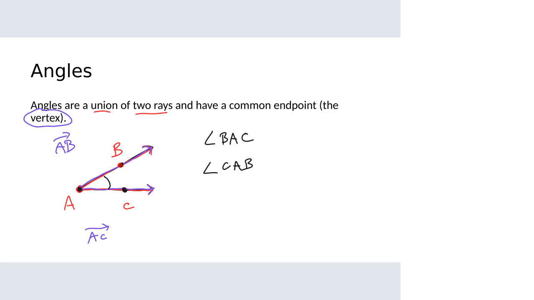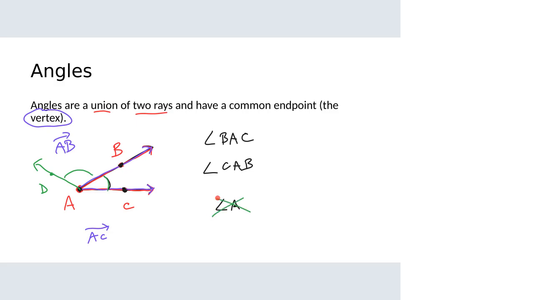When there's only one angle involved, you can name it with the vertex. If you wanted to just call this angle A, you could, as long as there's no chance for misinterpretation. What I mean by that is if we also had, say, point D over here, now we wouldn't want to call this one or this one angle A, because A is the vertex of more than one angle.